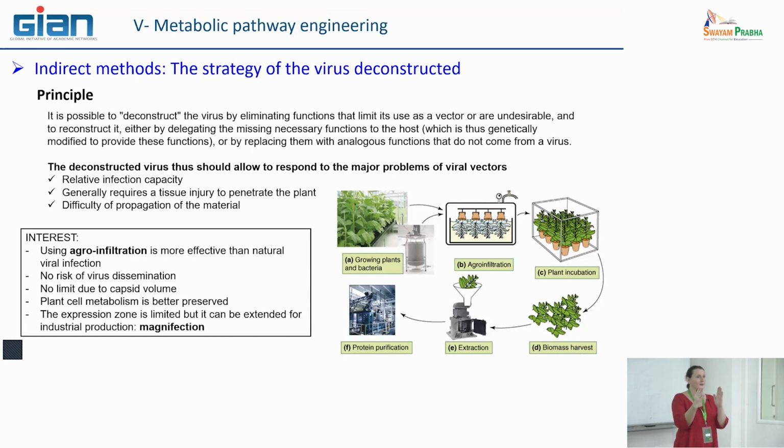But as it is a virus sequence, all the proteins of interest that have been included in this vector are overexpressed in a very efficient amount. So in 3 or 4 or perhaps 10 hours max, you may have lots of recombinant protein produced in your leaf, and after you just have to harvest this biomass and make the extraction process until the purification to have the recombinant protein you want.